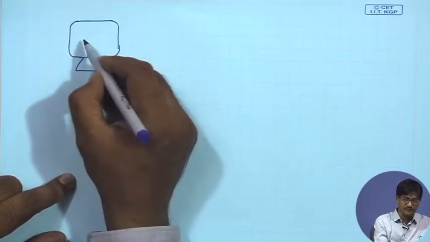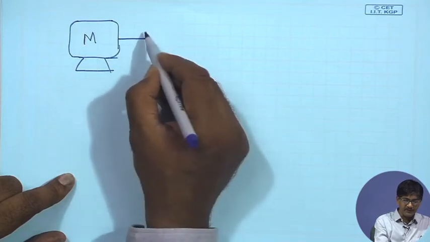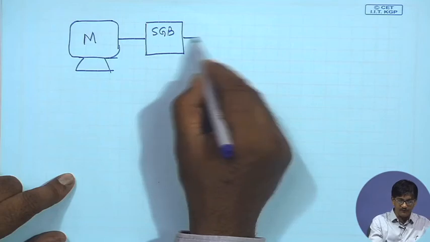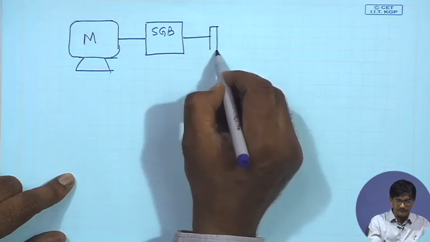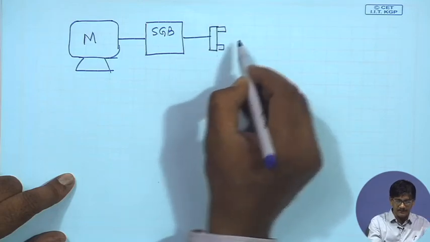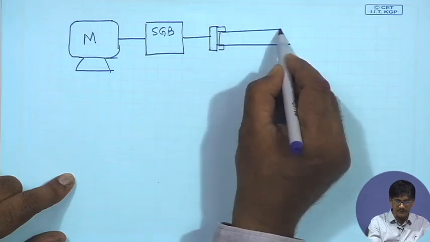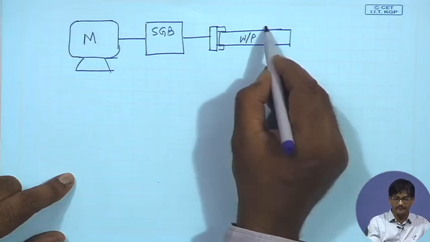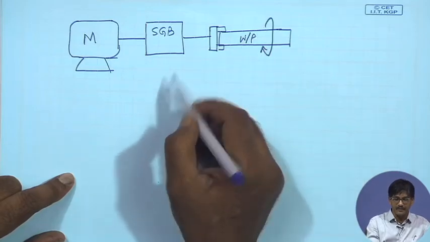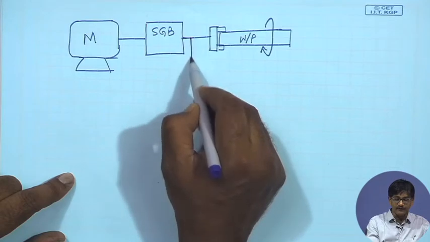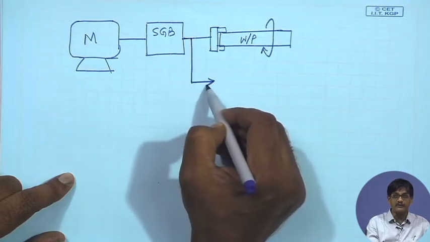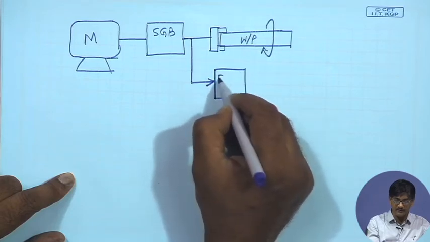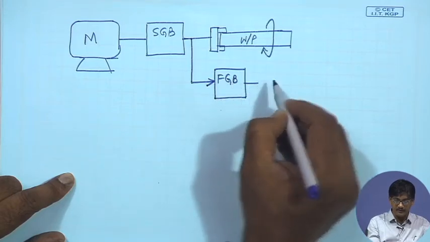If I have a motor, and then I am claiming that yes, I have a speed gearbox here, from which I am starting the rotating of the workpiece. Okay. Now, you will find that in the figure we have taken a tapping from here, and then I am putting another gearbox called the feed gearbox, and then I am rotating something.